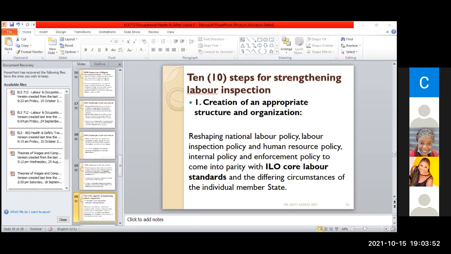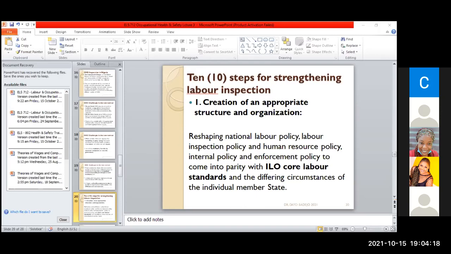I'm glad to announce that I was told by some unions that they are engaging the government on some of our obsolete labor laws. So we need to create the right structure, the policy: the labor inspection policy, human resource policy, internal policy and enforcement policy in an individual organization, to come into parity with those core labor standards.